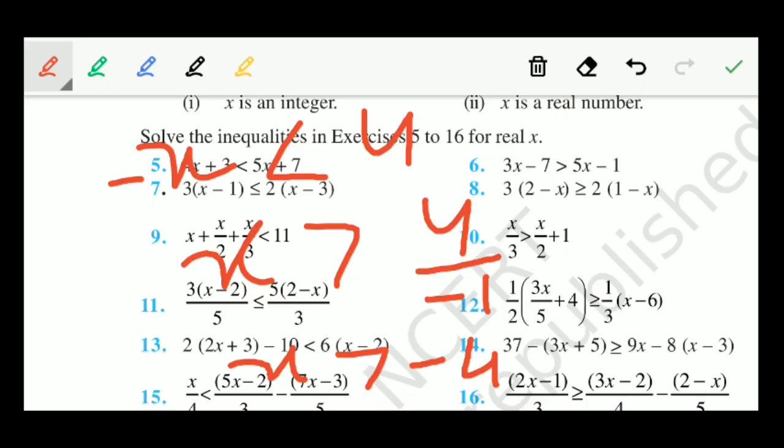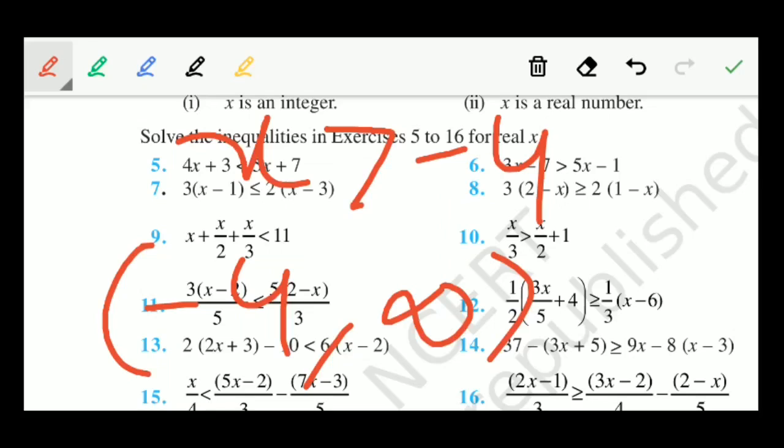This is the important step: the inequality sign changes. Here you will get the value of x greater than minus 4. For real solutions, this is our required solution, so x is from minus 4 to infinity.